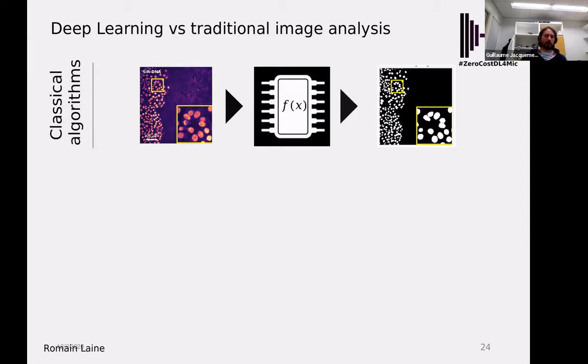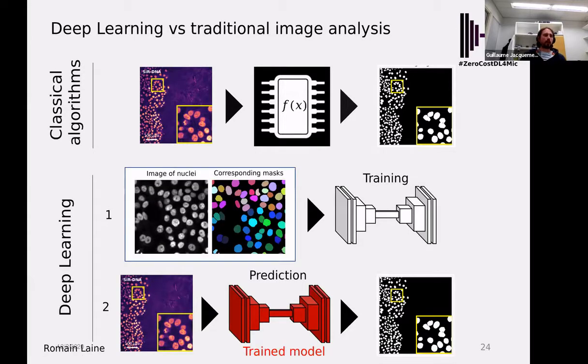But actually, a deep learning algorithm, or at least a pipeline, works in a quite different way. First, you need to train the deep learning algorithm to do what you want it to do. To do that, you need to provide it images of the nuclei as well as images of the output that you want it to generate.